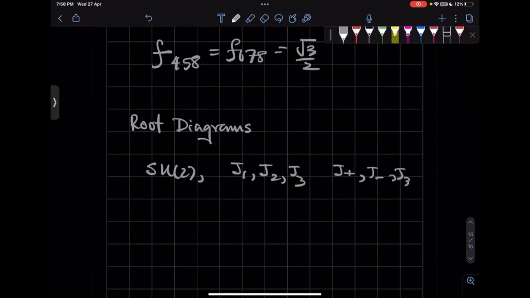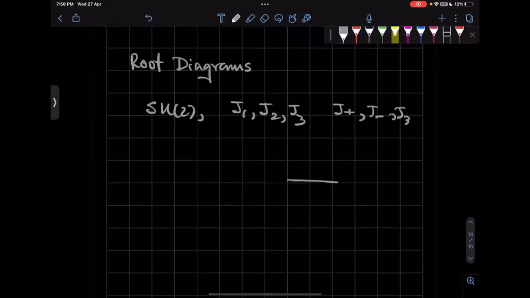And we can express J plus as an arrow and J minus as an arrow. So what this is saying is that J plus is increasing the J3 eigenvalue and J minus is decreasing the J3 eigenvalue. So this is an example of a root diagram.